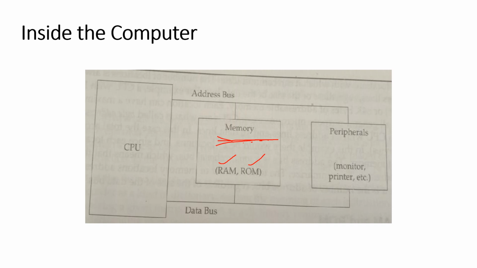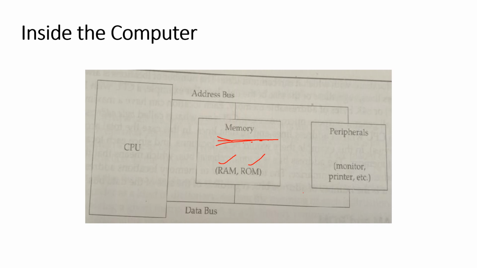It is a mass storage or huge storage device. When a processor executes or processes, the data will be fetched from primary memory first. If the data is not available in the RAM, then it searches the secondary memory where huge data will be stored.